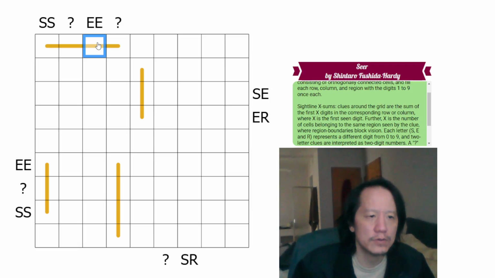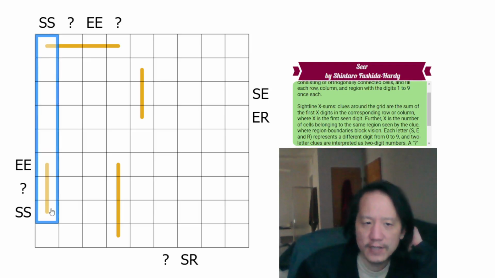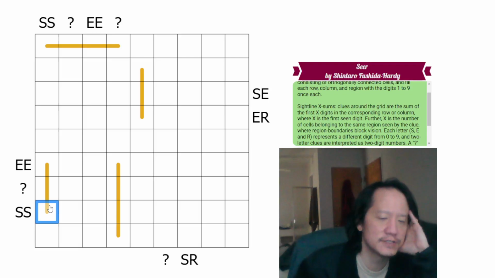Well, okay, so S cannot be 4, because if S is 4, that would mean this is 44, which means it would require this to be 8, with 8 digits counting for the X sum. And this would have to be 8, which would be 8 digits counting for the X sum.